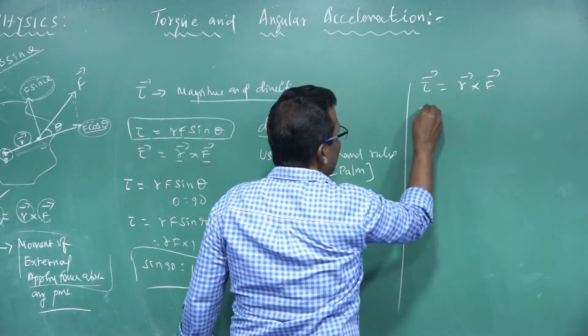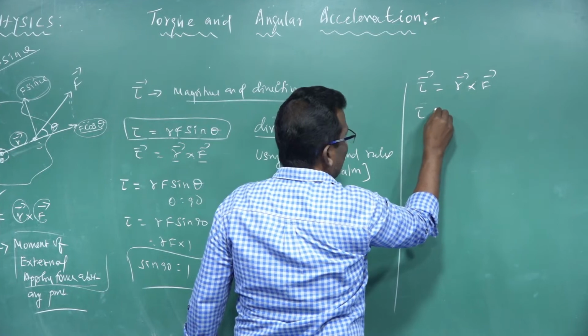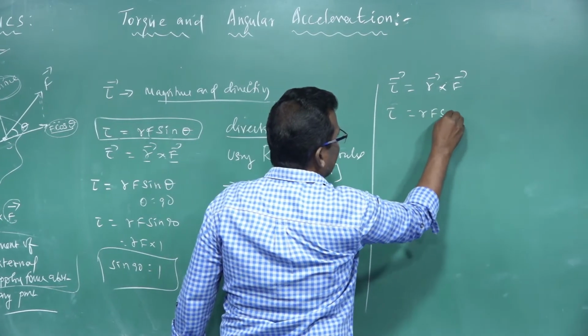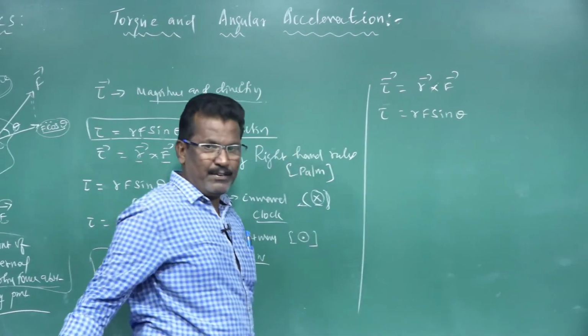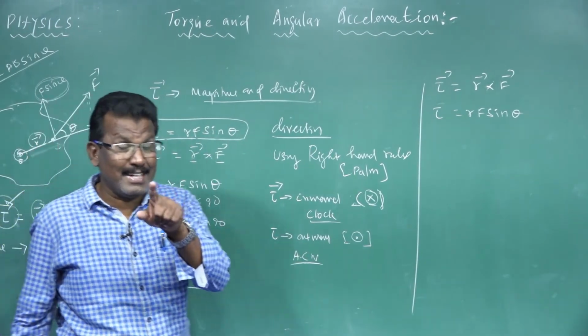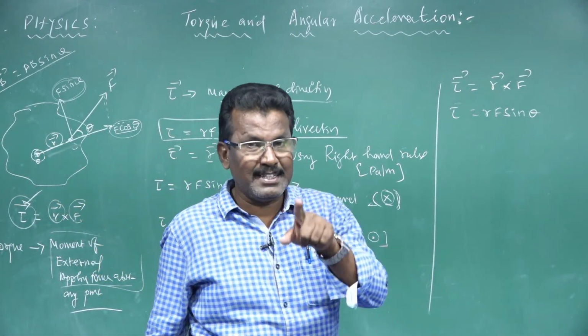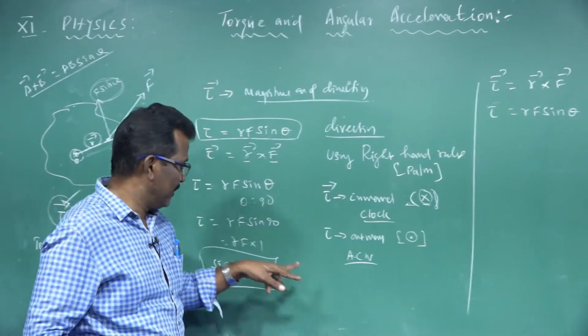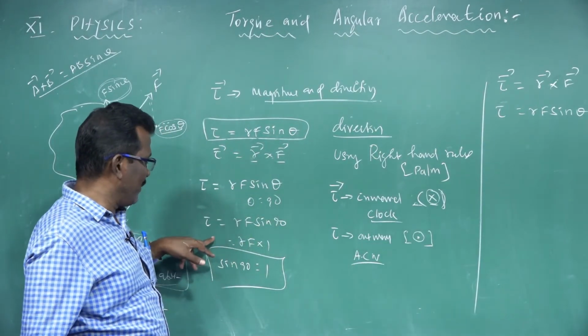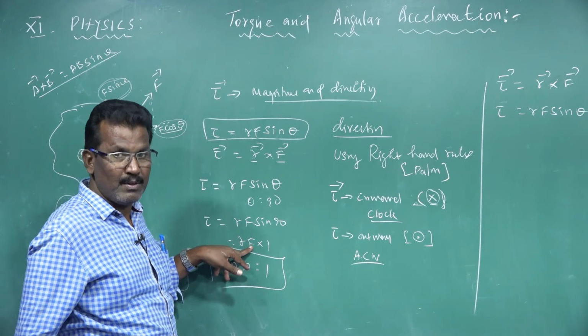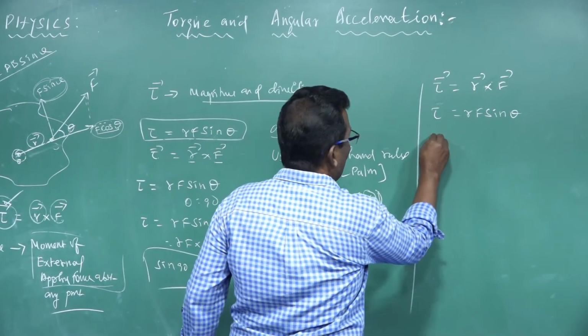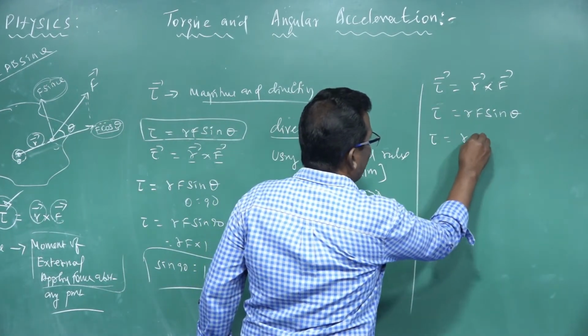In magnitude, tau is equal to RF sin theta. If theta is 90 degrees, sin theta is 1, so torque can be written as tau equal to RF.